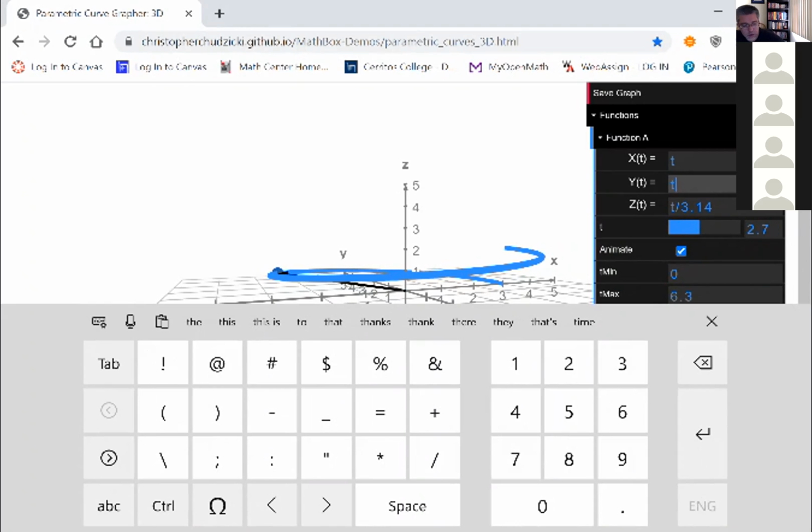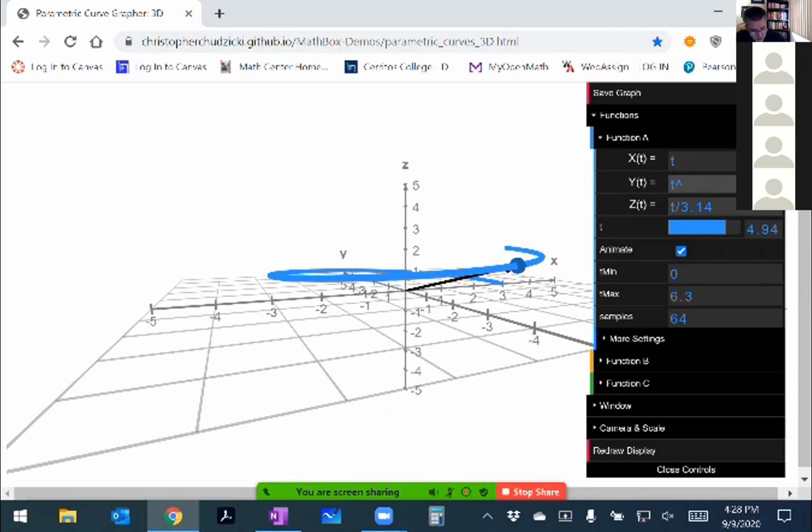I'm just going to use my keyboard. Squared. Okay, and t cubed. Oops, not t3. t cubed. Okay, and then I'm going to redraw this thing.